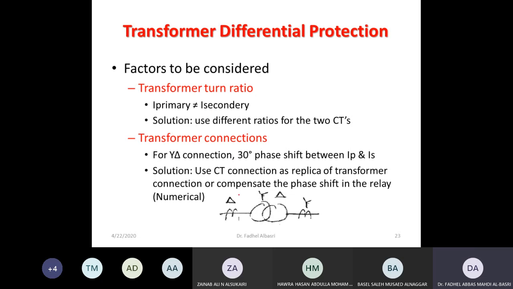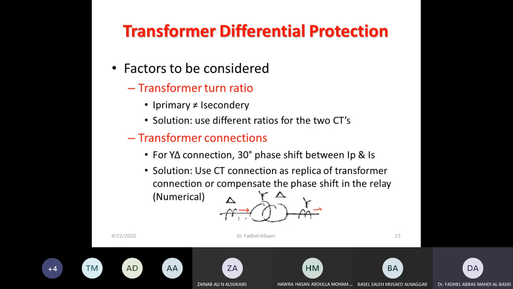One of these unique issues is that the primary current is not equal to the secondary current. So if I choose the same CT ratio on both sides, I will have a differential current even during normal operating conditions. So I have to take this into consideration.